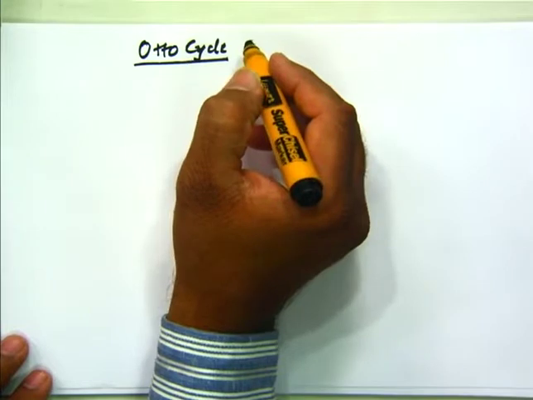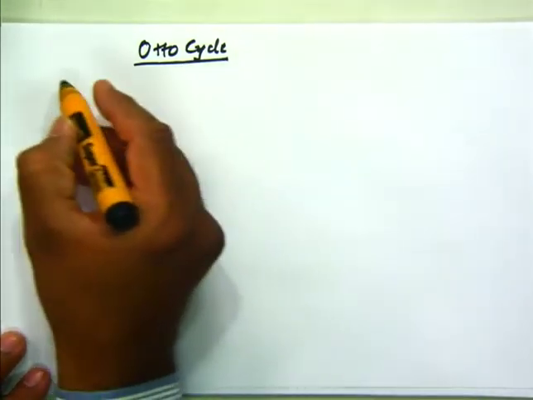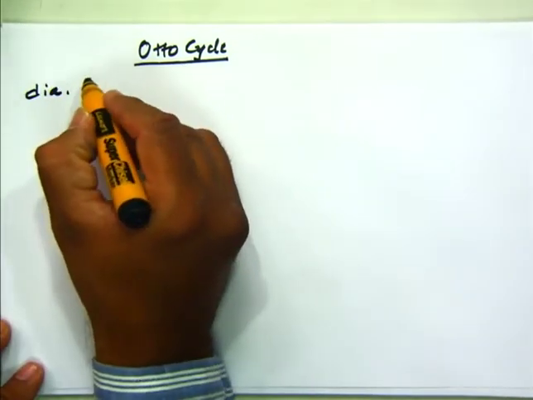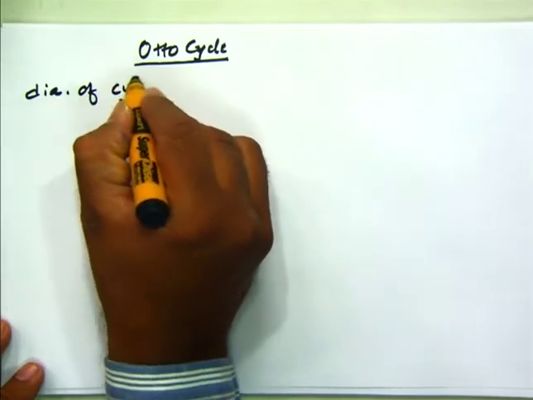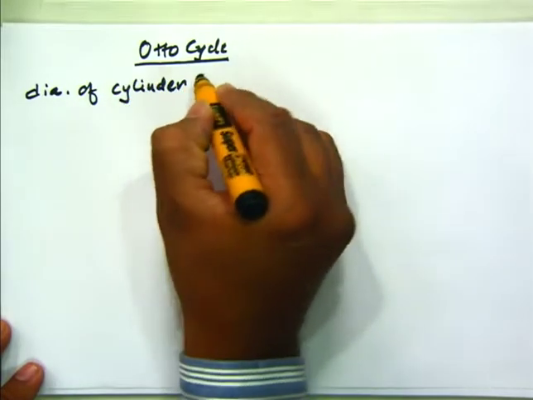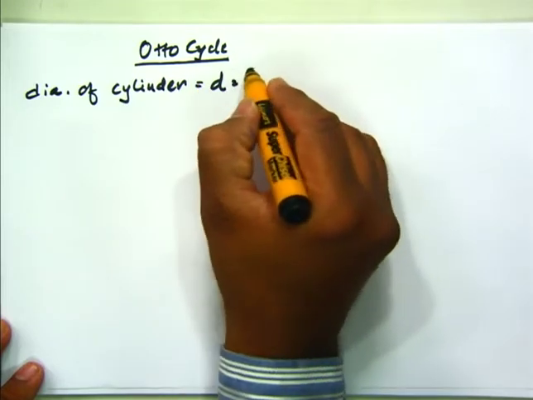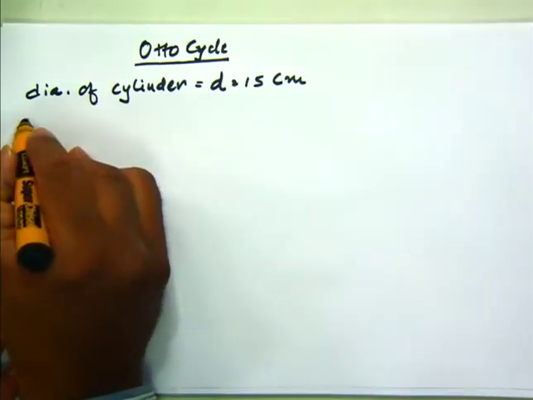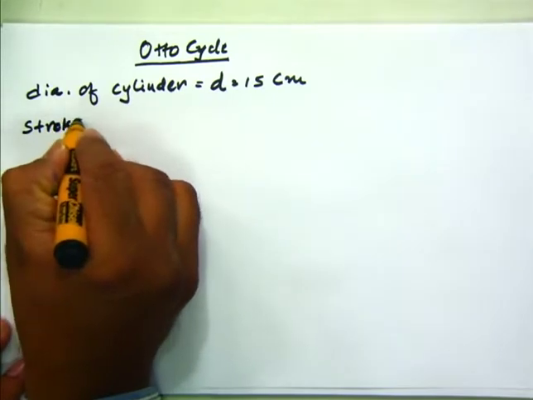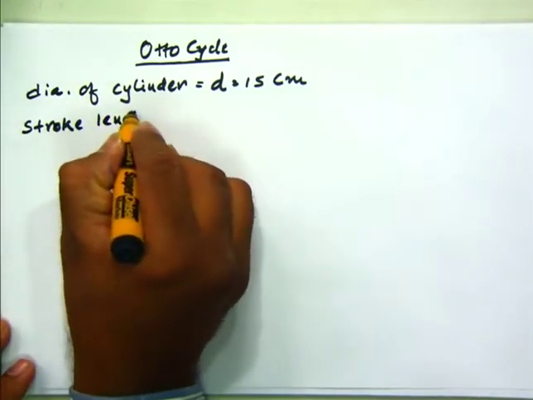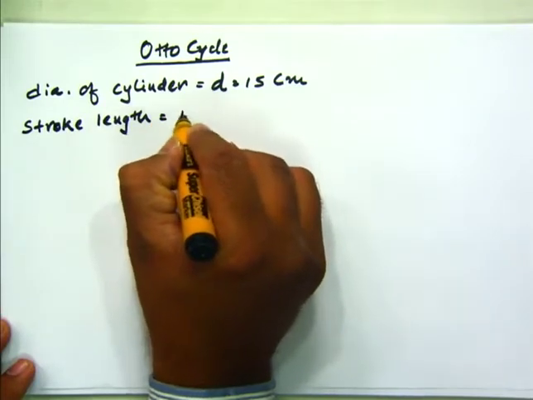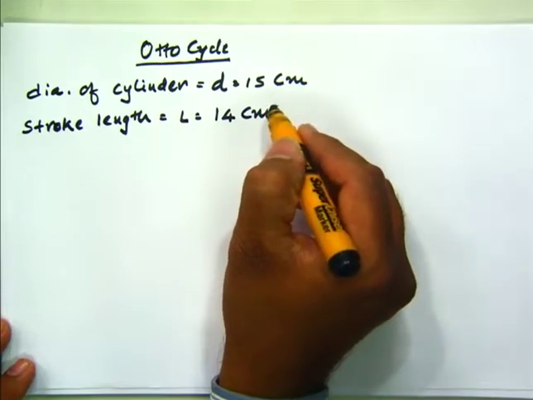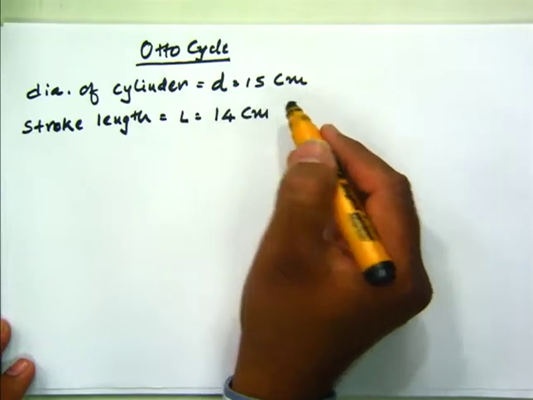Having the bore of the cylinder 15 cm, the bore, so that is the diameter of cylinder, that is equal to D, that is equal to 15 cm. Length of the stroke, that is stroke length, is equal to L, is equal to 14 cm.